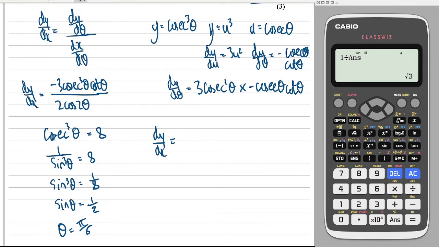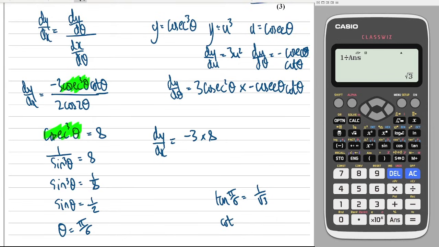And I'm going to be a little bit cheeky here because I know that cosec cubed, when theta is pi over 6, gives me 8. So I'm just going to replace that with an 8. I'm then going to do cot of theta. Well, I know that tan of pi over 6 is equal to 1 over root 3.